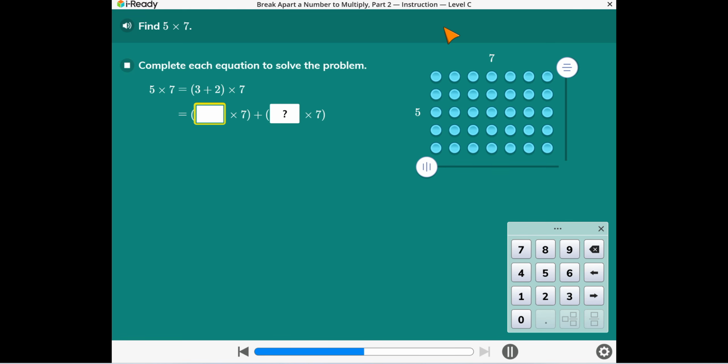Complete each equation to solve the problem. You can break apart the array to help.